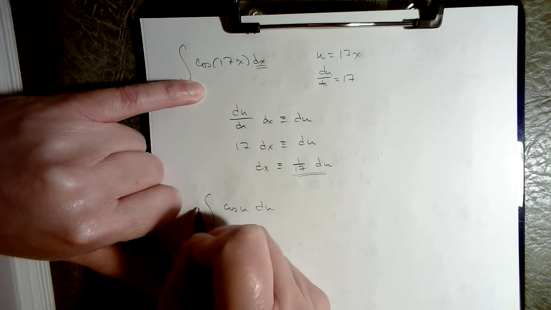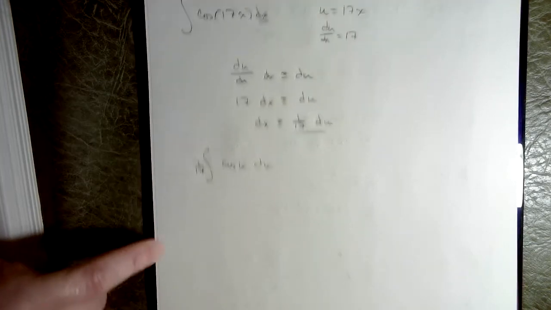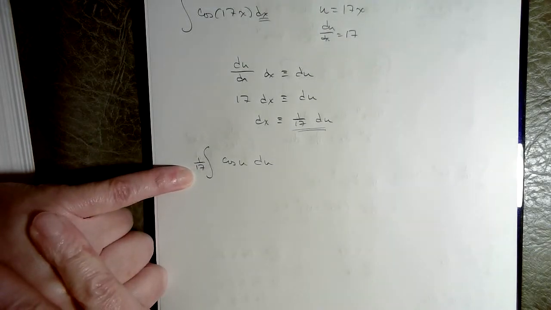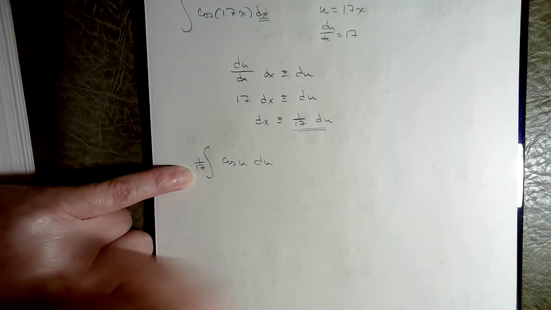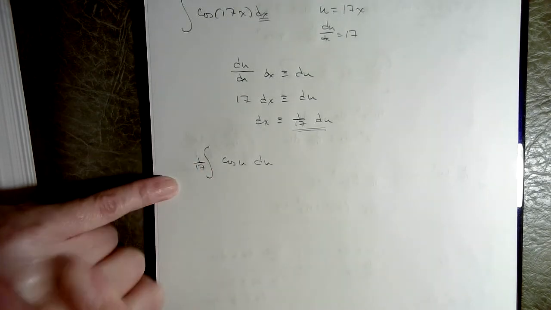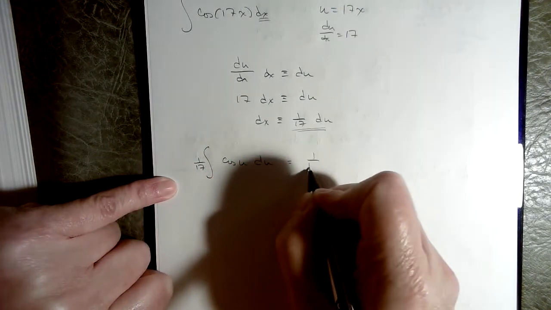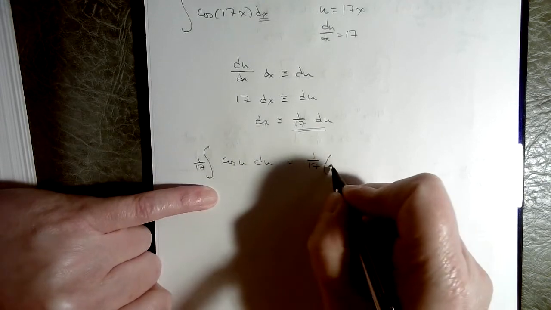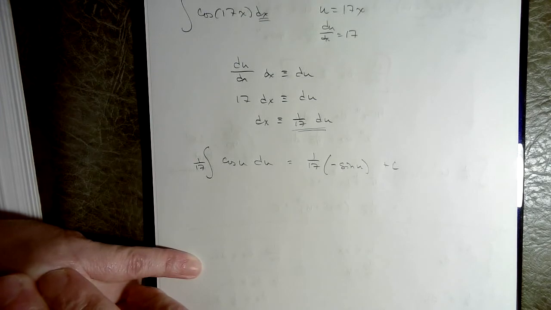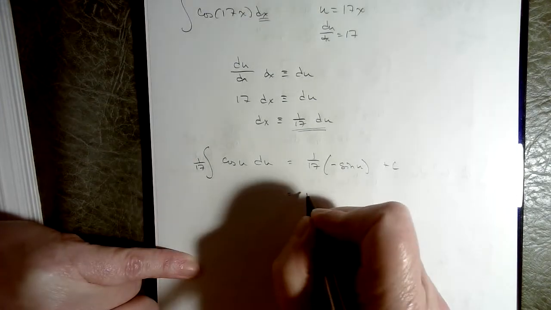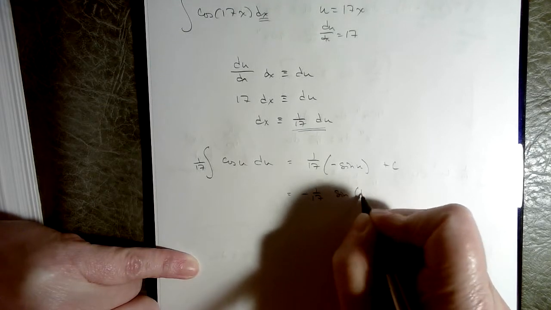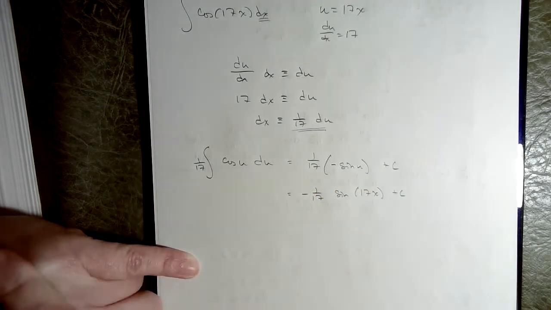And here's my 1/17. You can keep your constant inside the integral or outside the integral. That's personal choice. Sometimes I put it outside so I can think about the function and just keep that as a multiplier. So 1/17, cosine integrates as minus sine plus some constant. So there's my minus 1/17 sine, swap back in. There you go.